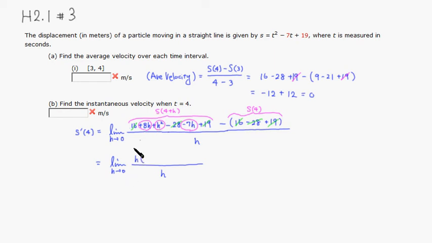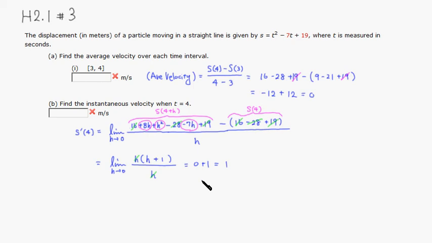Pulling h out of h squared leaves h, and 8h and negative 7h combined is just h, so pulling out h leaves 1. Now we can cancel the h on top and the h on the bottom. As h goes to 0, you have 0 plus 1, which is 1. So the instantaneous velocity is 1.